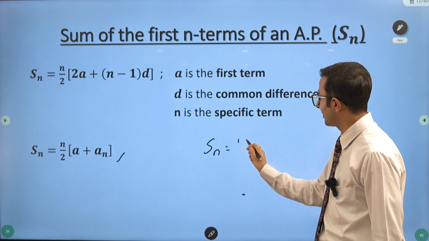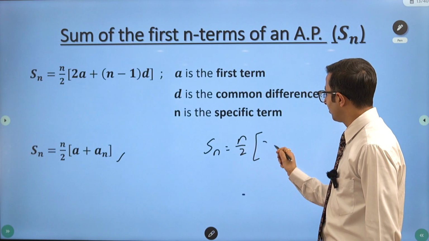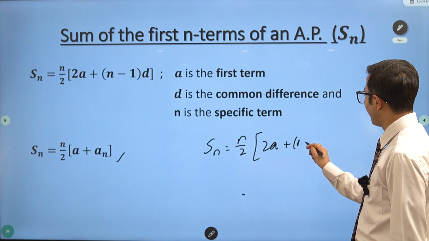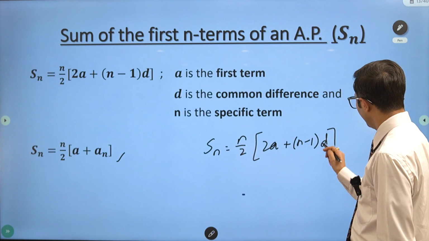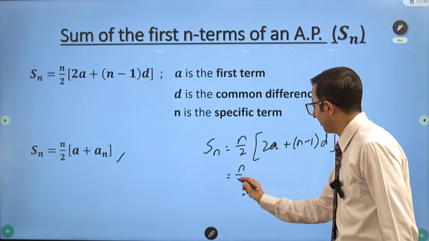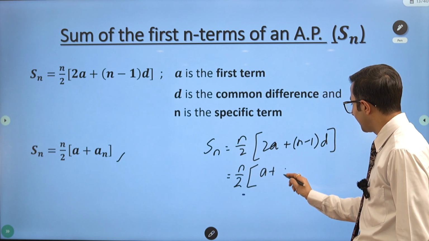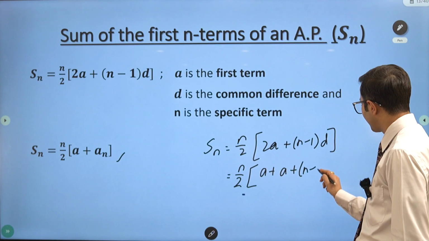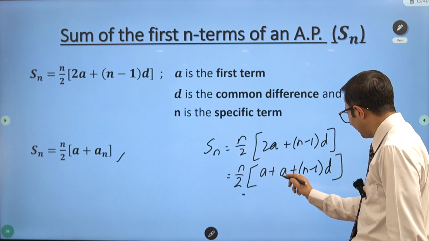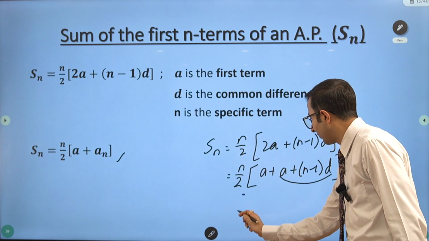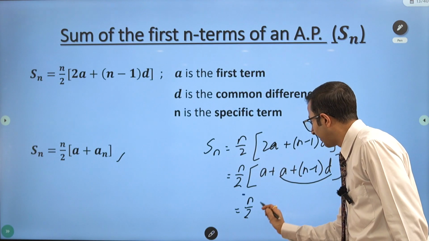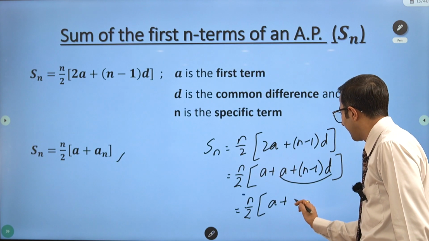Sn is equal to n by 2, 2a plus n minus 1 d. If you write this 2a as a plus a, then look here, this a plus n minus 1 d will form the nth term. So n by 2 into a plus an.